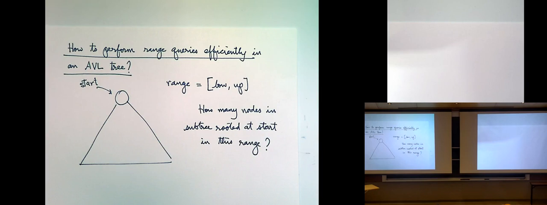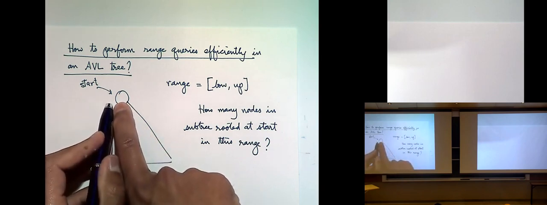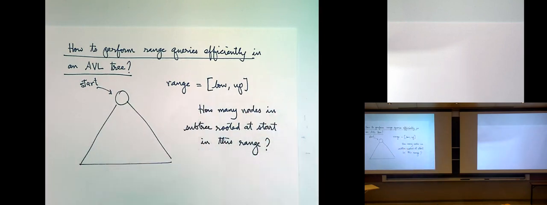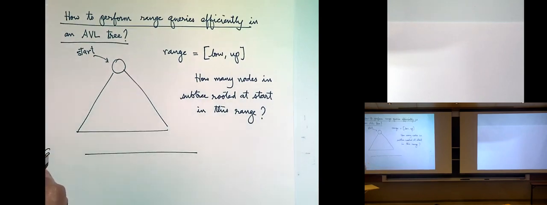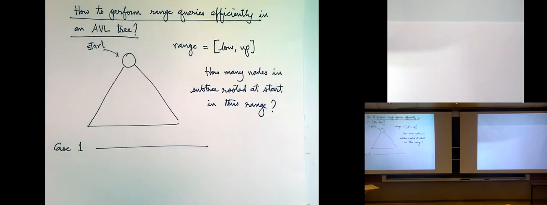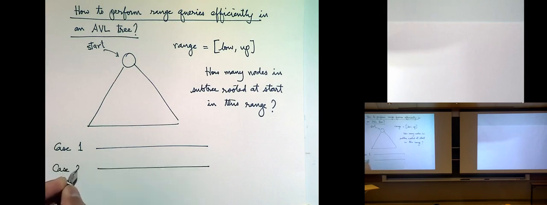Naturally, what you do is you compare the key of start to both low and up. And you'll see that there are three possibilities that can happen. I'll call these case 1, case 2, and case 3, and you'll see why I'm drawing it this way.